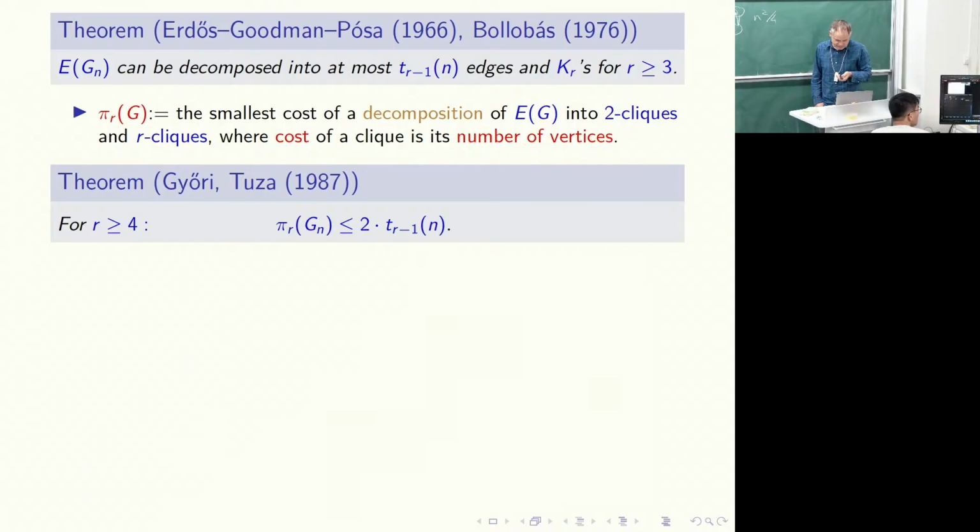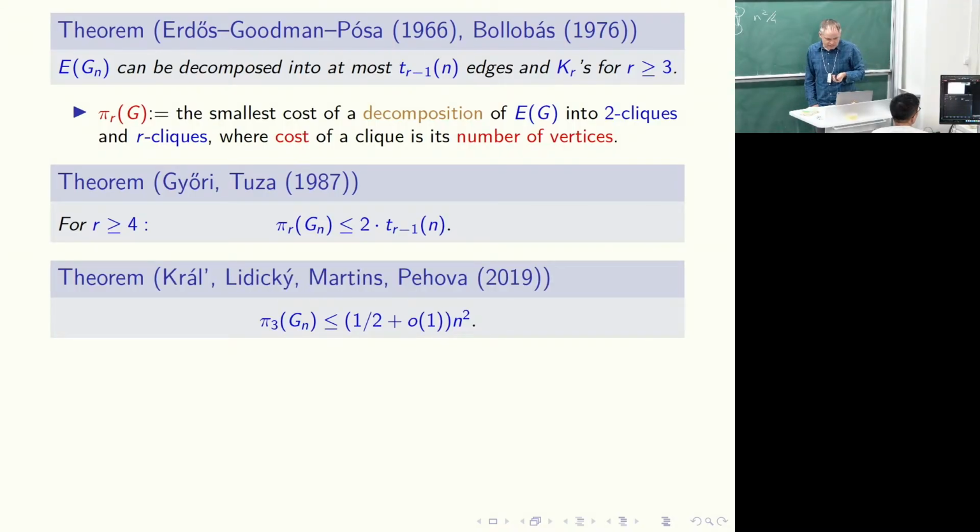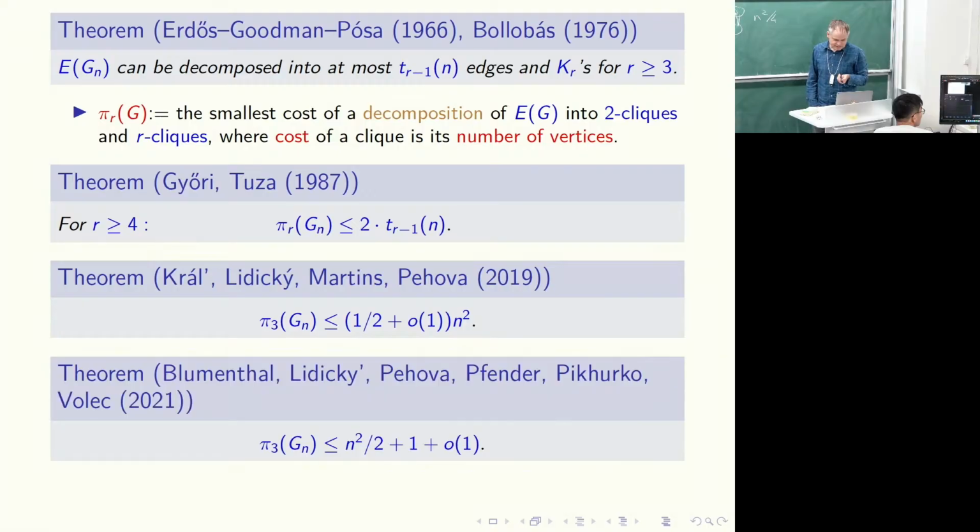Okay, and they left open the case when R is equal to 3, and it was settled asymptotically by Király, Lidický, Martins, and Pehova, and precisely with some additional people.